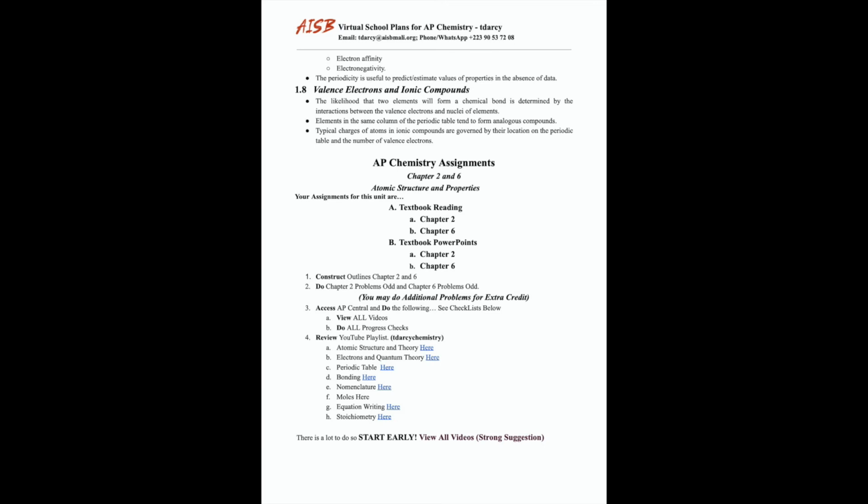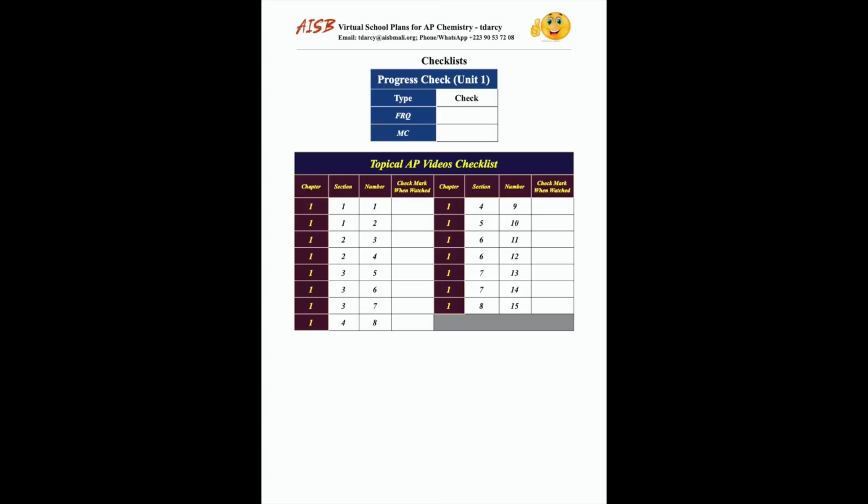Okay. Now, if you look at page 6, here are your checklists, where you have 2 progress checks for Unit 1, free response questions, and multiple choice questions. And then you have 15 short videos for the sections.